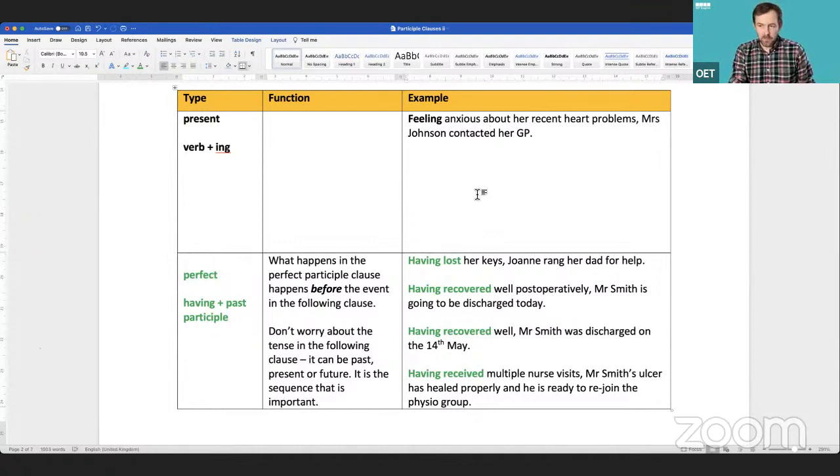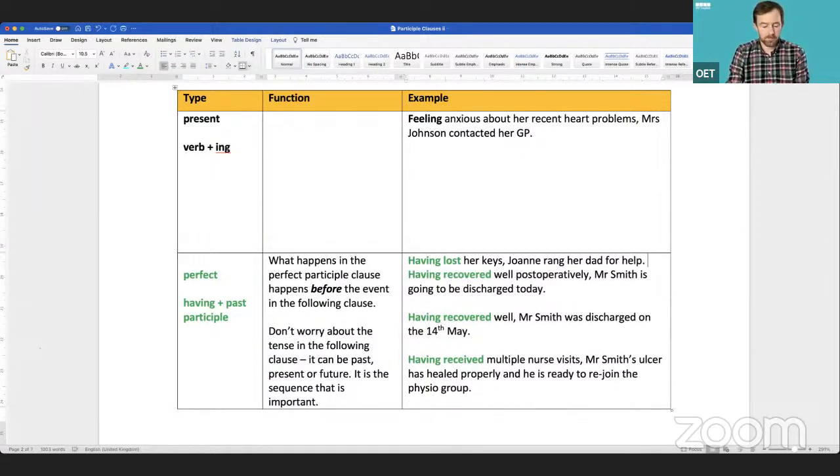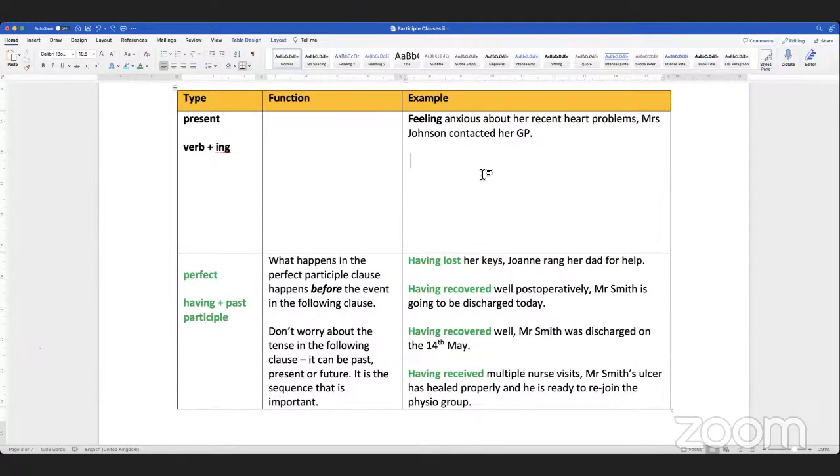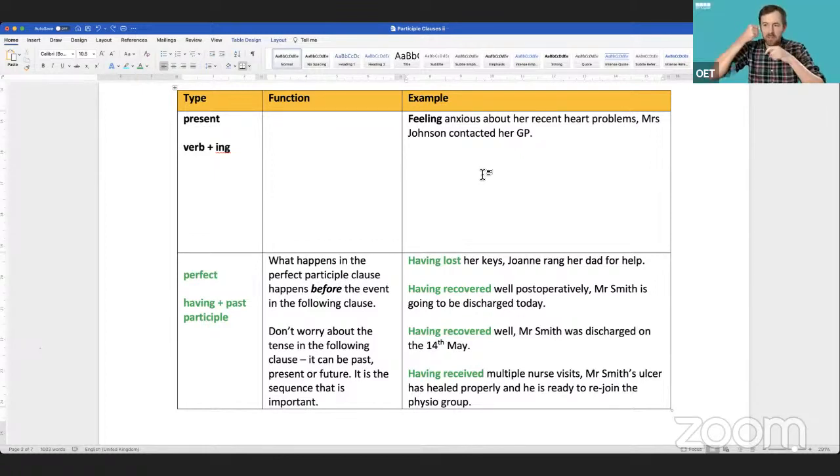So this is a bit different. In this one, you might say that she felt anxious first and that she contacted her GP second. You might say that, and you wouldn't be wrong. But think about her on the phone now. She's contacting the GP. She's talking to the GP. How does she feel? Feeling anxious. Anxious now. Yes, she's anxious now.